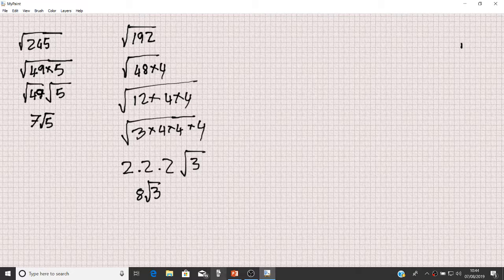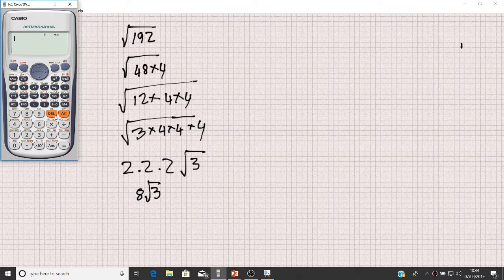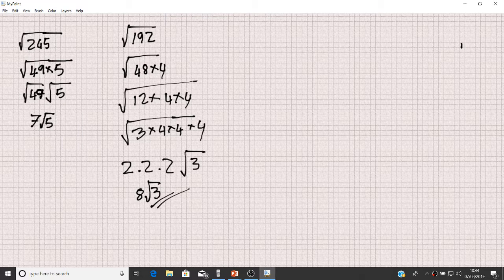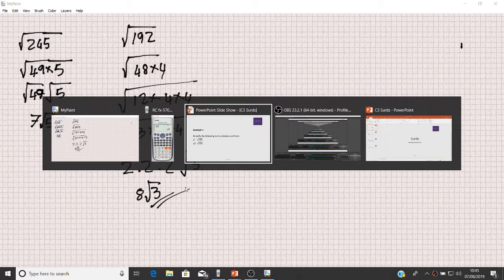Okay, we can just double check on the calculator again, and we'll put in the square root of 192. And the square root of 192 is, as we've shown, 8 root 3. So that's just an example of simplifying some surds. Let's take a look at another example here.